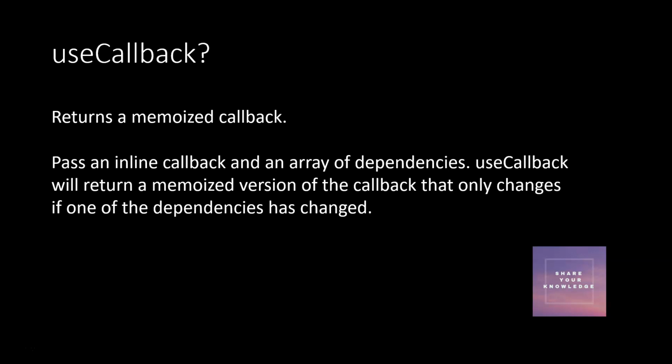So the new function object will be returned by useCallback only if the dependencies you specify to useCallback change. Else it is going to return the memoized callback only, the memoized function object. So it is not going to create a new function object for you since your dependency doesn't change. Let's try to understand it with an example.